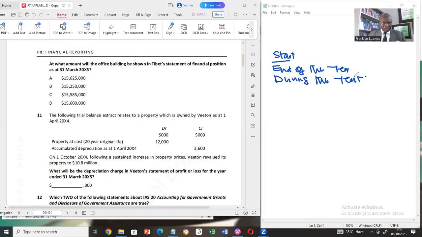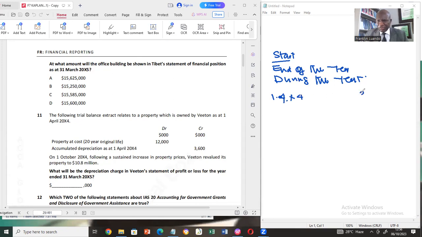The following trial balance extract relates to a property which is owned by Venton as at 1 April 20x4. On 1 October 20x4, following a sustained increase in property prices, Venton revalued its property to 10.8 million. So first, this is 1 April X4.